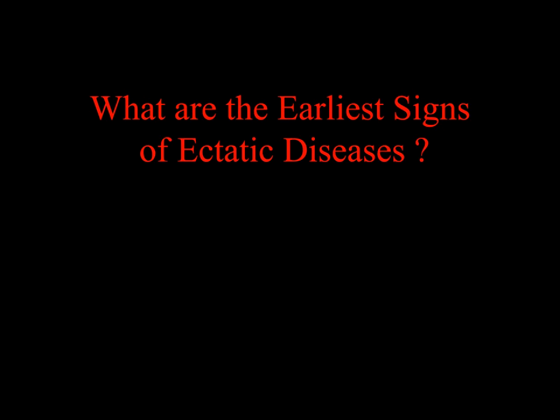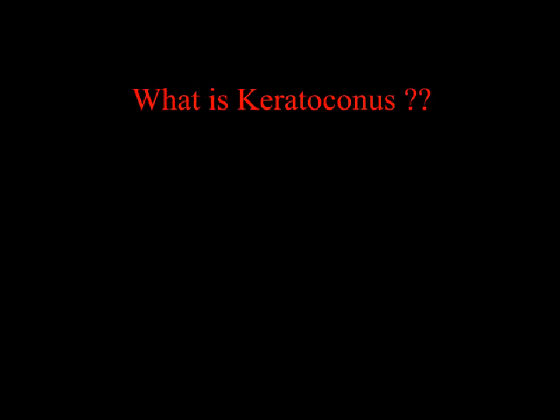So let's now give you some examples of the value of elevation tomography. When we're screening patients for refractive surgery, what we're really looking for is patients who either have occult ectatic disease, what I call subclinical ectatic disease, or have maps that are suspicious. What are the earliest signs of ectatic disease? So what is keratoconus?